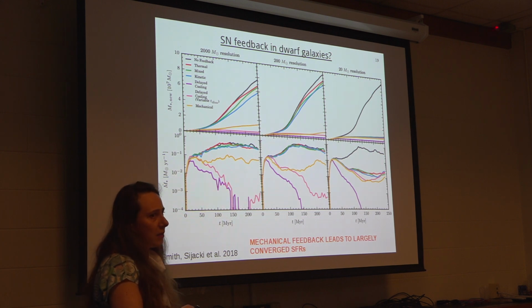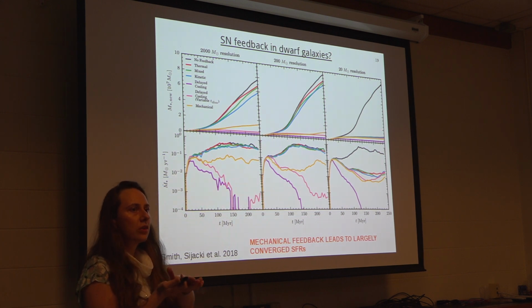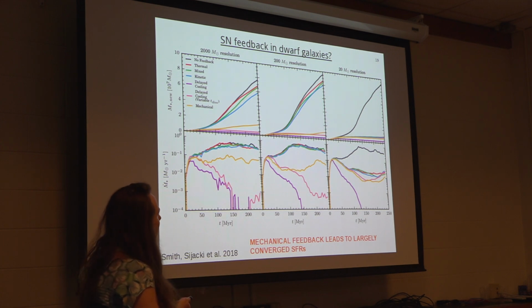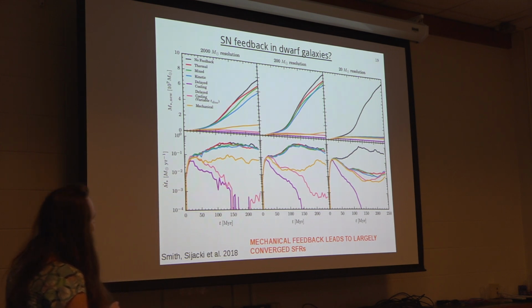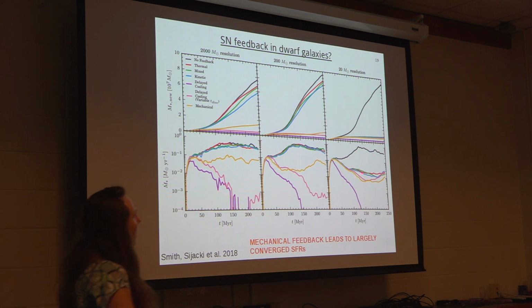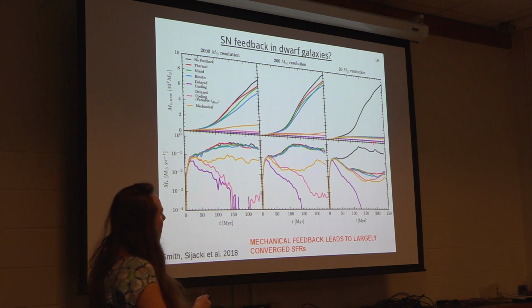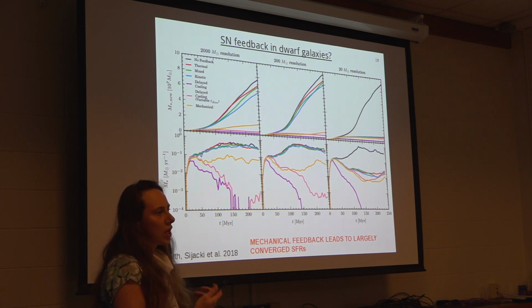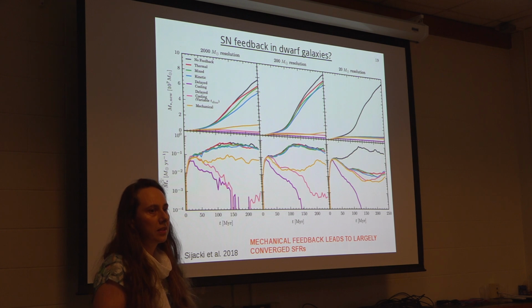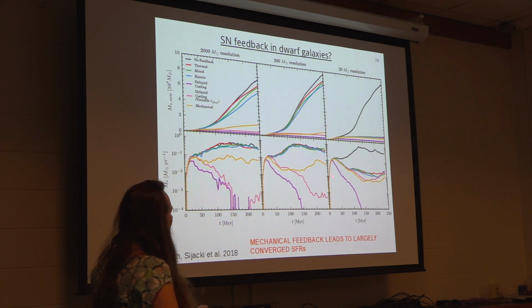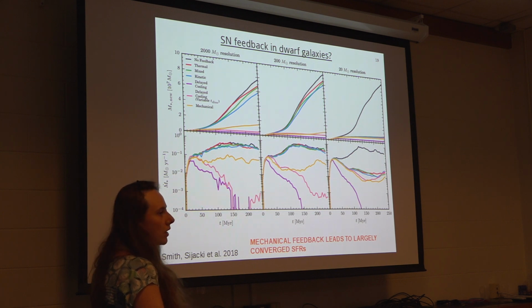Once you reach this extremely high resolution, all models start to converge to a single answer. And if you look also at the star formation rates as a function of time, all models, apart from this no feedback case, which is not surprising, and this delayed cooling case, which I would suggest has some unphysical parameterizations to it so it's not to be taken too seriously, start to produce similar results.